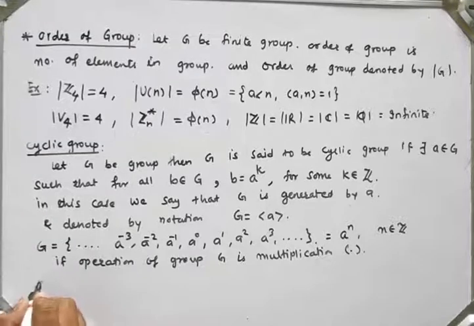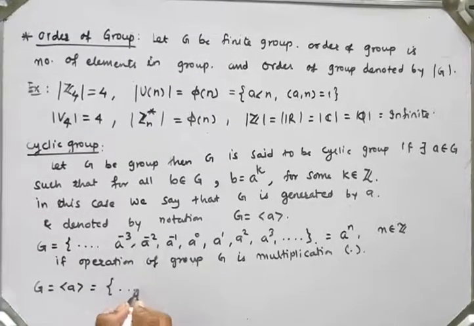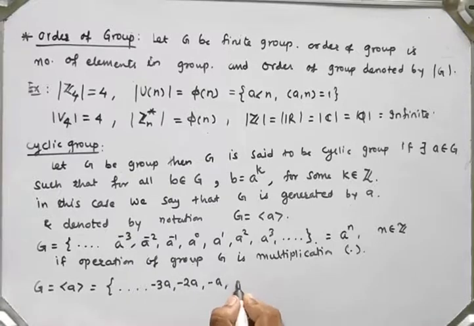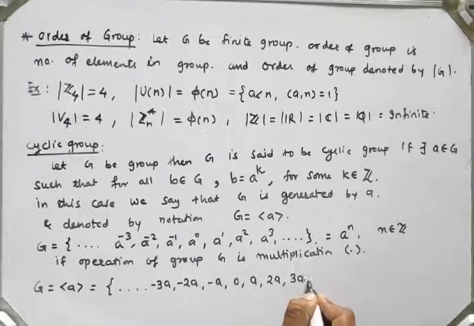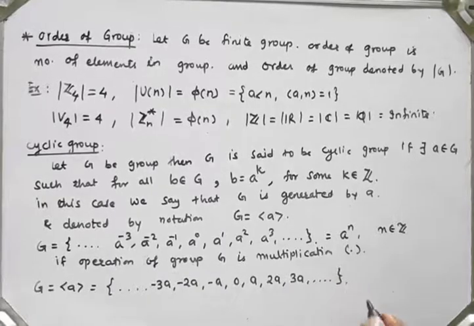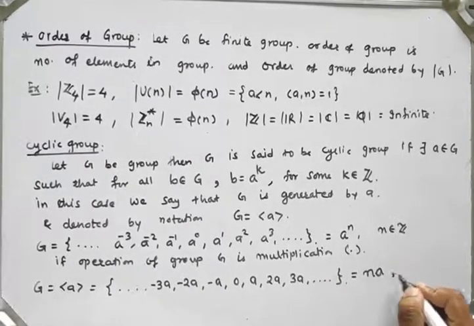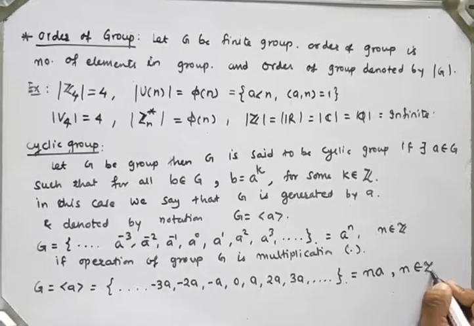Now if the operation is addition, then what is the type of elements? If the operation is addition, then G is generated by A, and the elements are of the form minus 3A, minus 2A, minus A, 0, A, twice A, thrice A and so on, which is of the type n into A, for some n belonging to the set of integers.